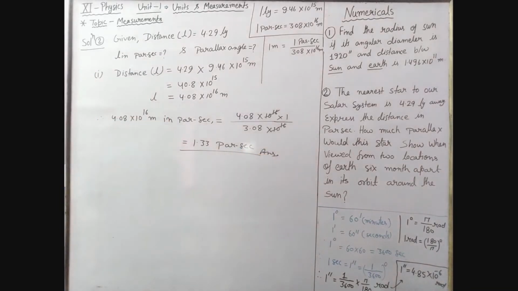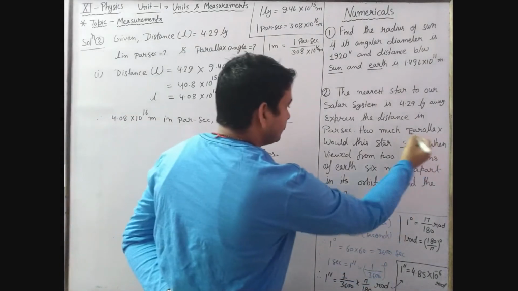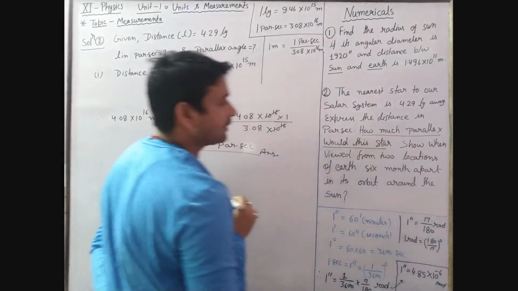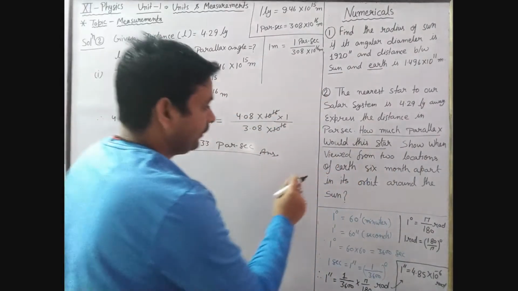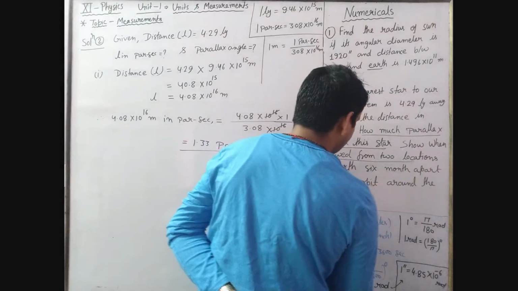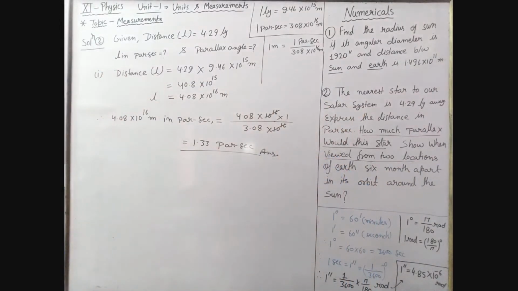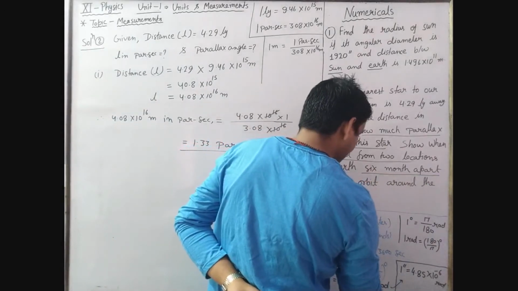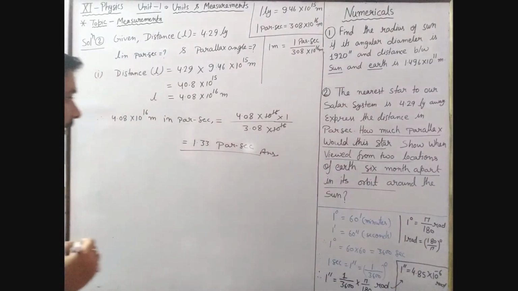Okay, now second, how much parallax would this star show when viewed from the two locations, 6 months apart in the Earth's orbit?